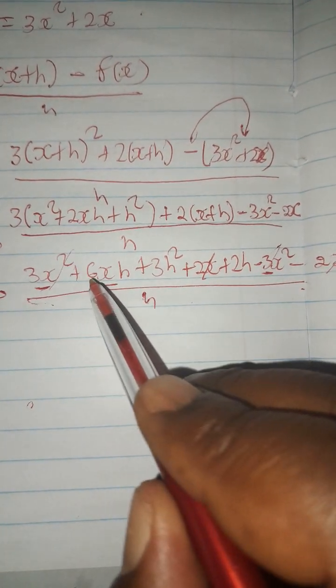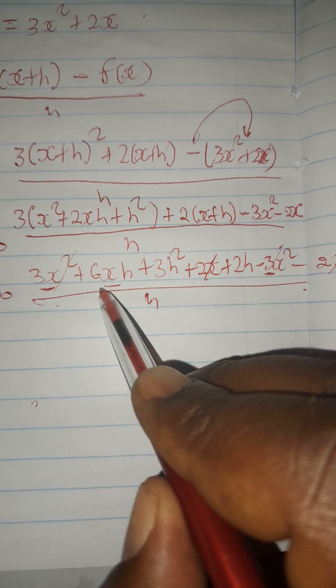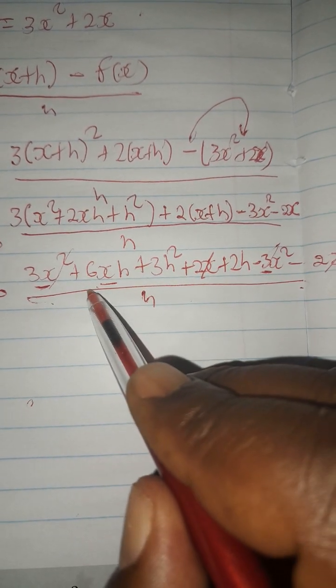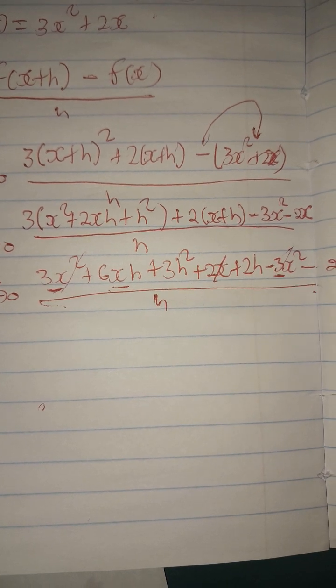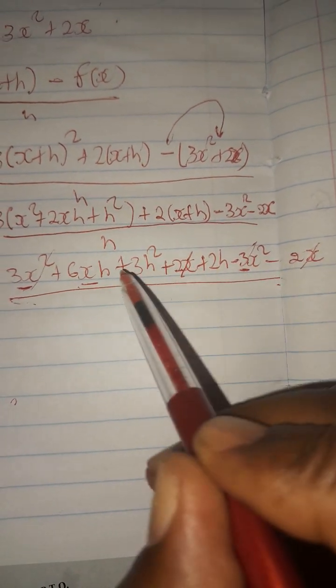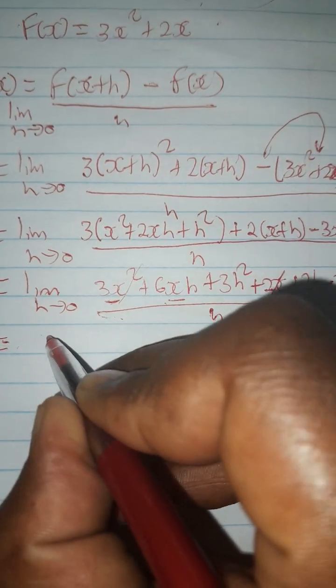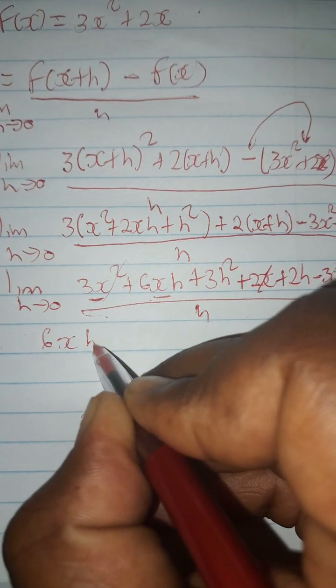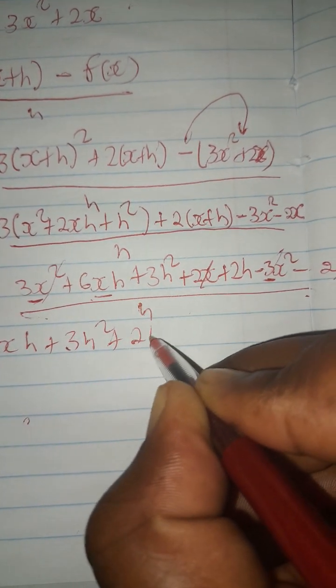Okay, in this case we did well. 6xh, then 3h squared. Is there anything that goes with 3h squared? No. So let's write what is there. We have 6xh plus 3h squared plus 2h.